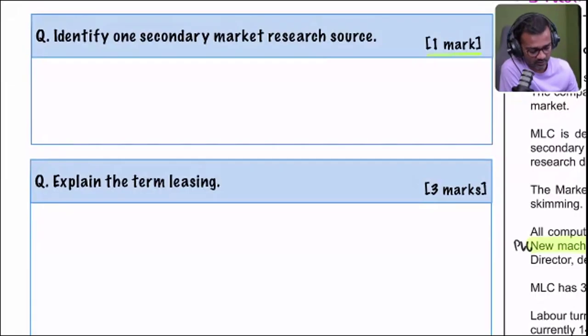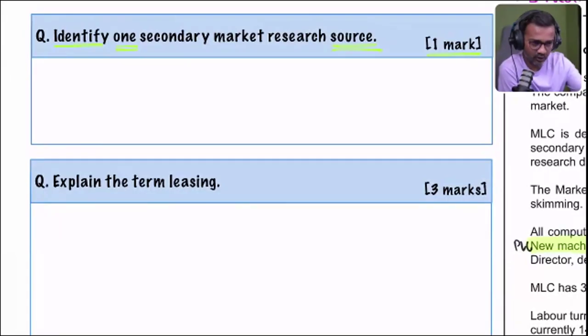Anytime you see a 1 mark question, it will be an identify question. And what they're asking you to identify is one secondary research source. This could be one word, it could be a couple of words. It should not be a definition of that source or a definition of what secondary market research is.